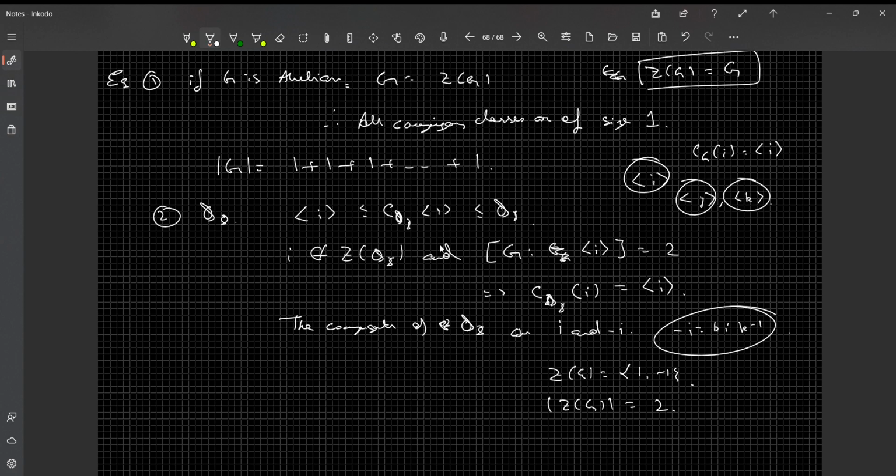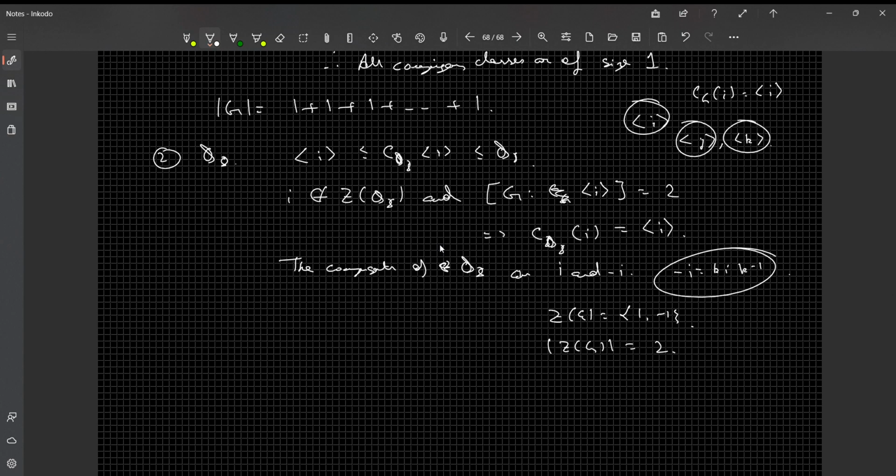So the index of each centralizer is 2. So what is the class equation? The cardinality of G can be written as the number of elements in ZG, so it's 2, plus the index of the centralizer of i, that is again 2, the index of the centralizer of j again 2, and the index of the centralizer of k again 2. This is the class equation of Q8. Clear?